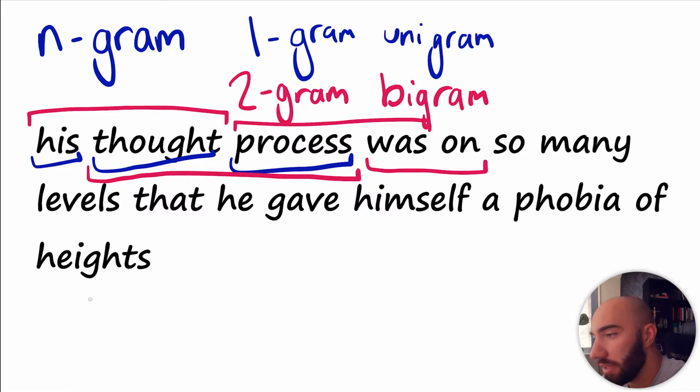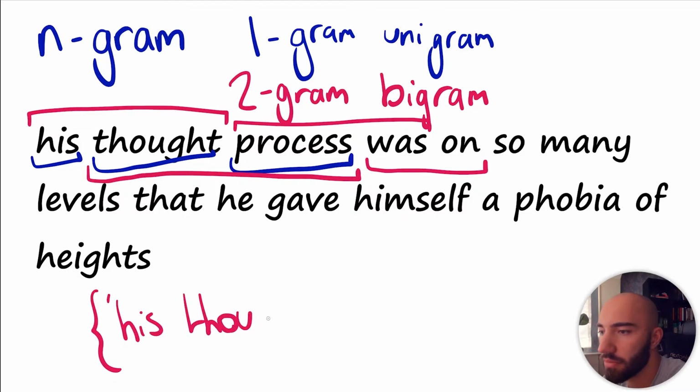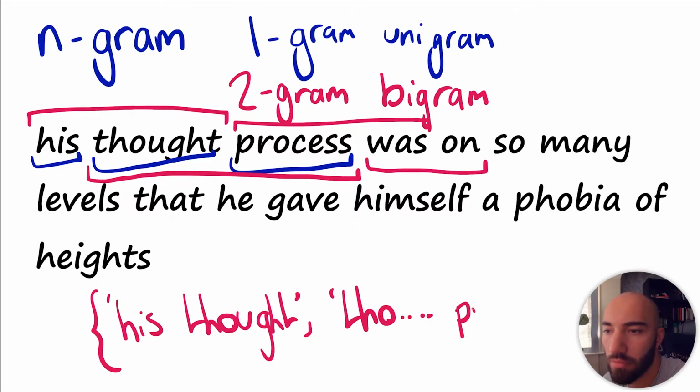What we would get from that is a set where we have 'his thought', and then next we would have 'thought process', and so on and so on. So imagine we do the same as we did with Jaccard similarity, but with these n-grams, so bigrams, trigrams, or even unigrams. That is w-shingling.